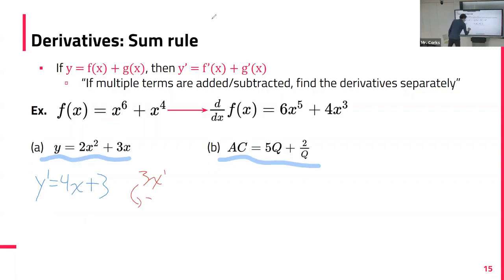So derivative would be 3 times 1x to the exponent 1 minus 1. That's x to the exponent 0. That's just 1. So if you have any variable with an exponent of 1, it's just going to disappear. Okay, so that's the short version of it. So 4x plus 3. That's it.